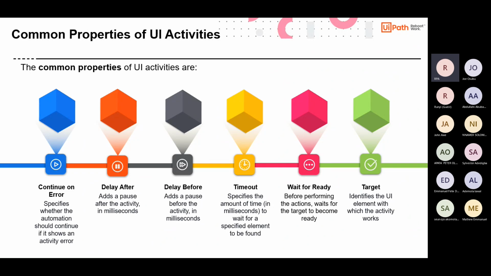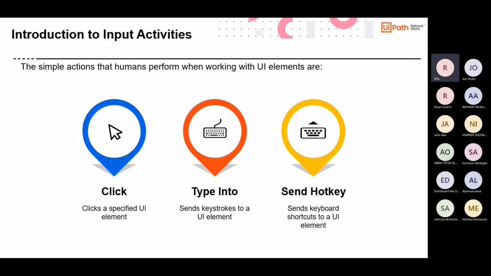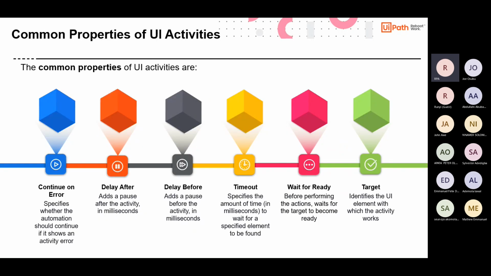All of these are common to all the earlier mentioned activities on this screen. So you have the continue on error, which handles the case where you want the automation to still run even if there's an error with a particular activity, maybe with the click or something.